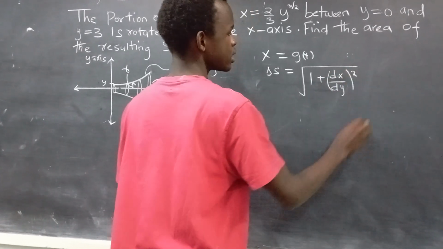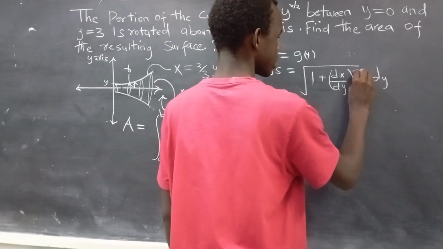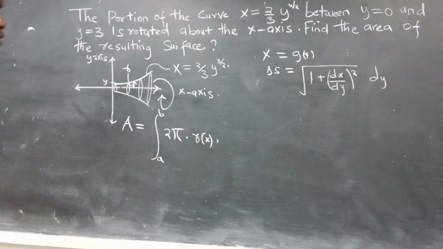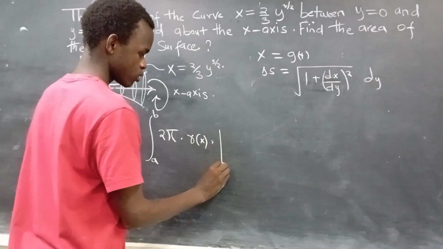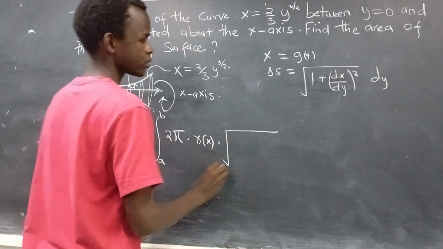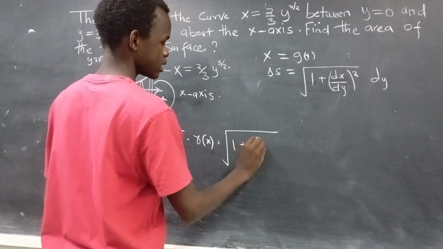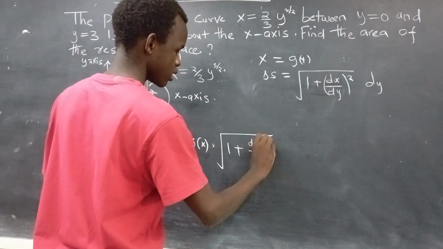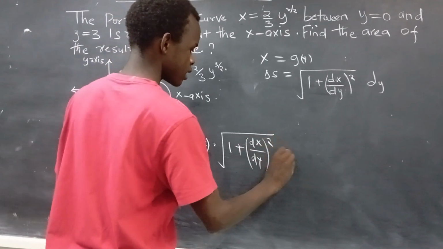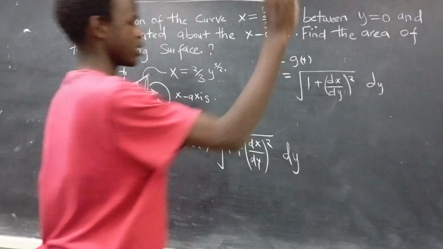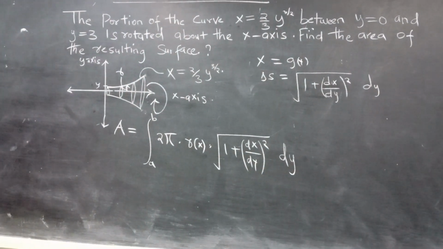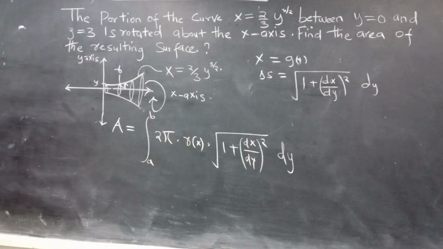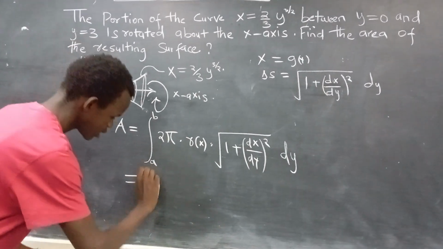It's opposite to the other case. So that's our formula. So we'll be multiplying by the square root of 1 plus dx over dy squared, dy. Okay, so this is the area.